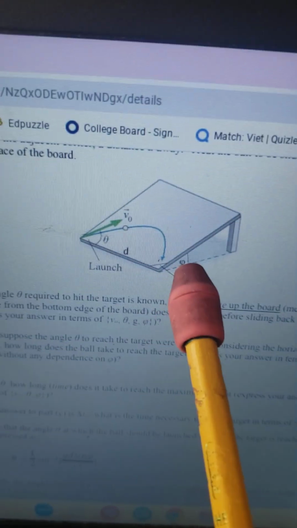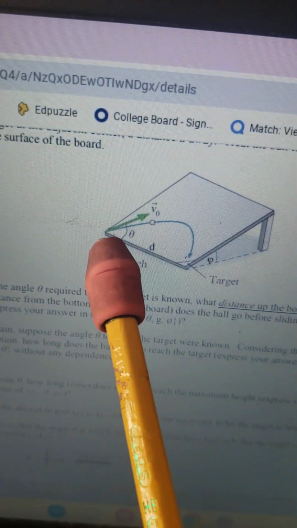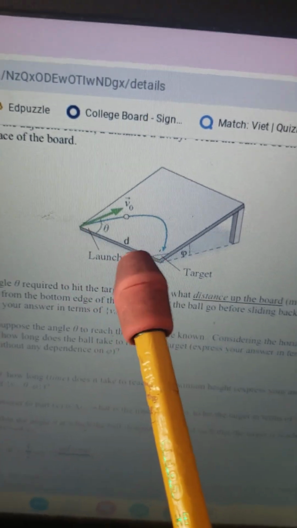Now for vix, since we need it in angles, we can say that is v cosine of theta 1, because now we're not using this angle anymore, we're using this angle right now, and that's on the x-axis. So our vix is v cosine. I put theta 1 because there are two different thetas, just for organization purposes.